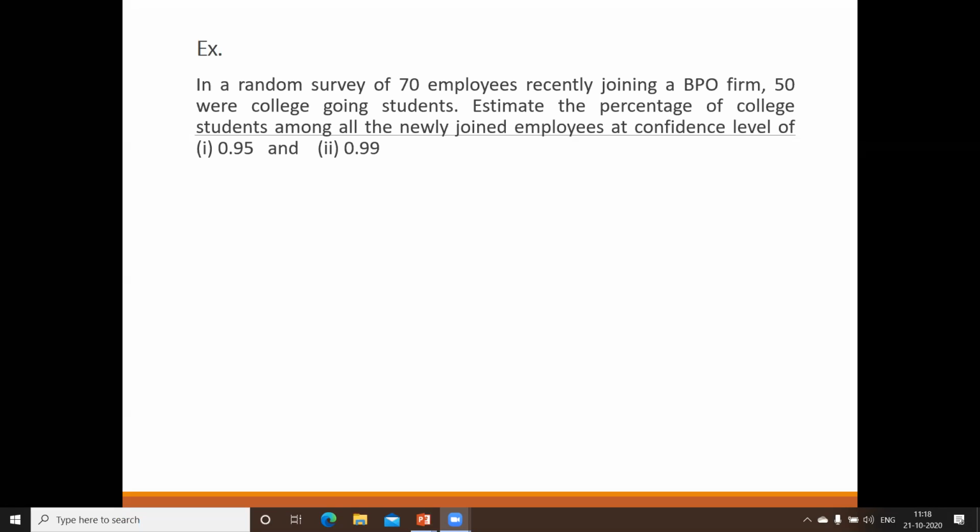Similarly, please do the calculation for confidence level of 99% or 0.99. First of all, find out the critical value of Z. Find the critical value of Z. The second question.